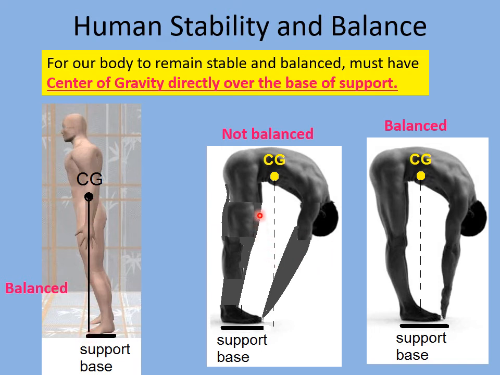So in this picture here, the CG being here, notice if you extend that downward, it is not over the guy's feet. So he's going to fall forward. There's going to be a net torque on him that's going to cause him to rotate. In this picture here, though, notice the CG has been shifted back by the position of his legs. So now the CG is over his feet and he will be balanced.